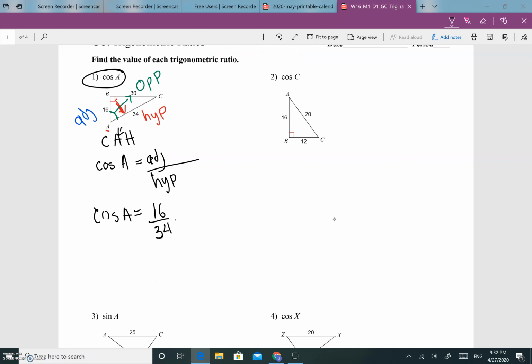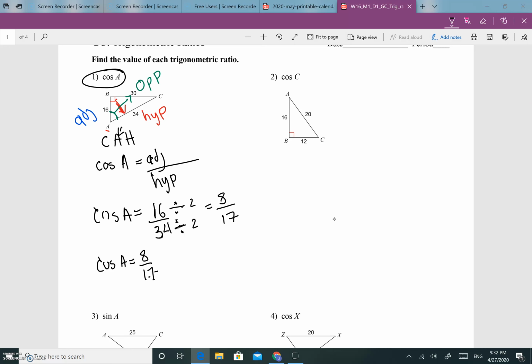But we're not done, since if you notice both of them are divisible by 2, you can simplify. So cosine of A is equal to, if I divide them both by 2, 8 over 17.